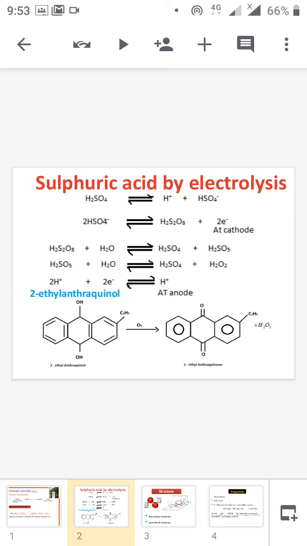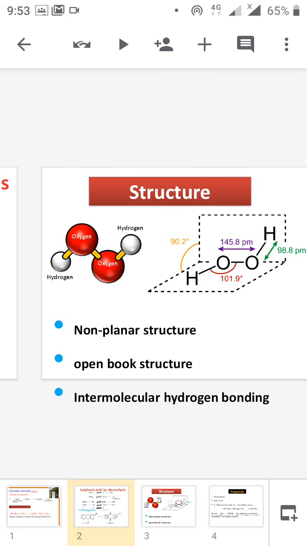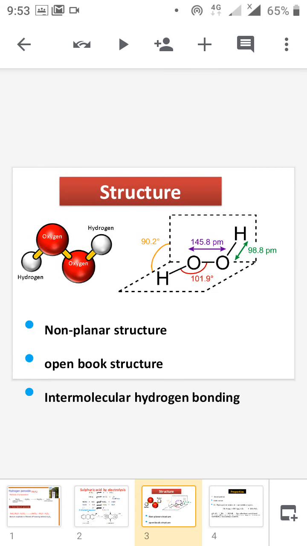First is electrolysis from sulfuric acid. Next is electrolysis from ammonium bisulfate. Third is by using 2-ethyl anthraquinone to quinone.